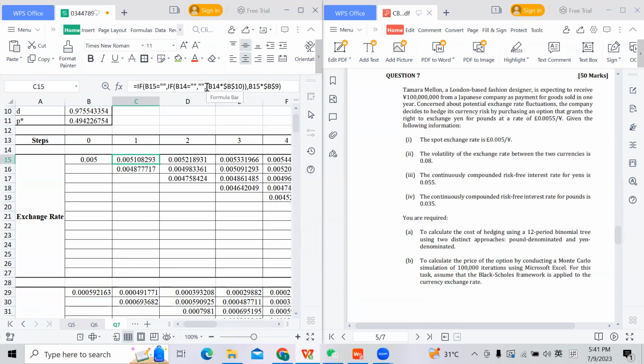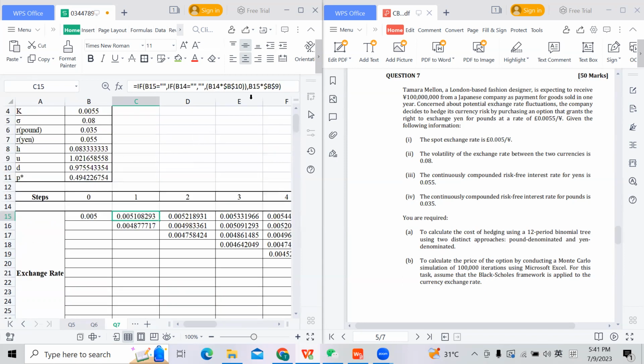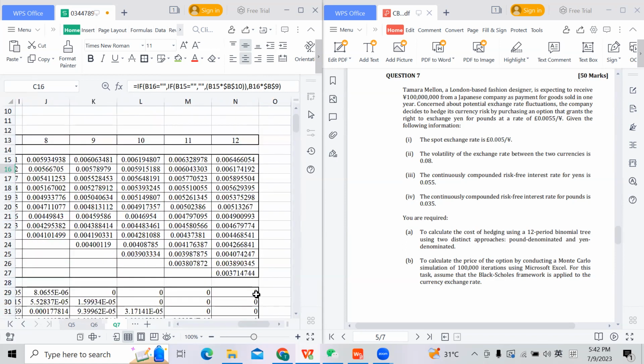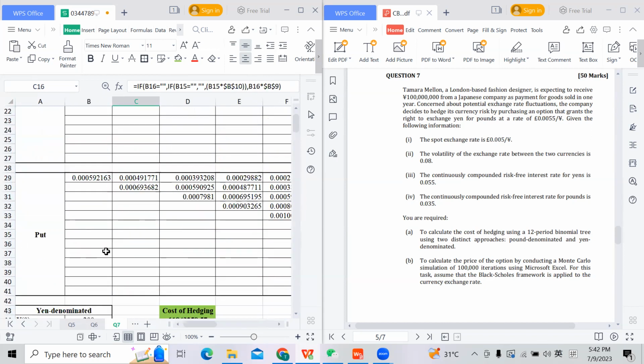Otherwise, we use B14 times D. You can see that B15 got the value. Then we use B15 times U. This value is the SU, and this one is SD. Then continue to calculate until period 12.